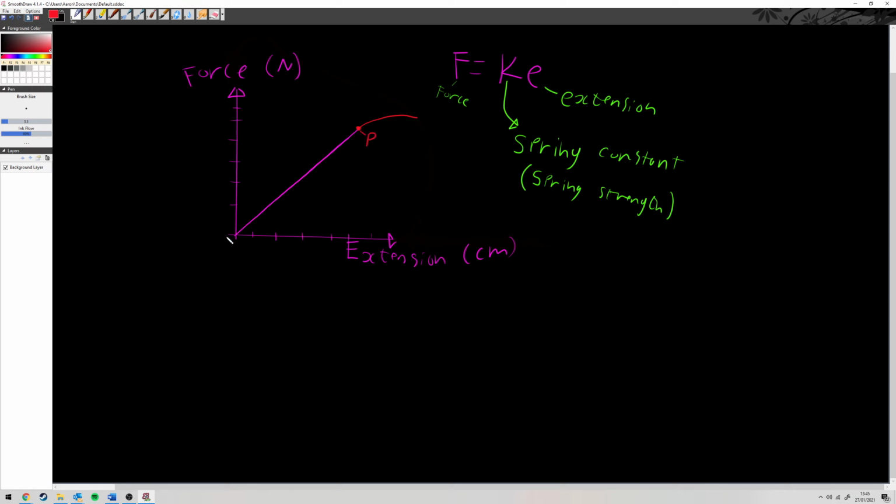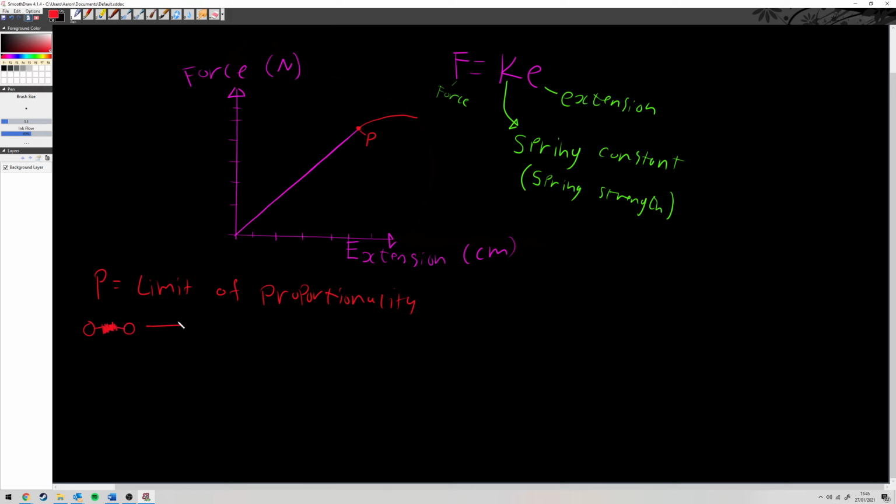Now, because this graph is directly proportional, a straight line, that P there, that dot, is where it stops being directly proportional. That is why we call it the limit of proportionality. What does that mean, in real terms? Well, if you had a spring that looked like this, after it's gone past P, if you got your spring back, it's going to look like this.